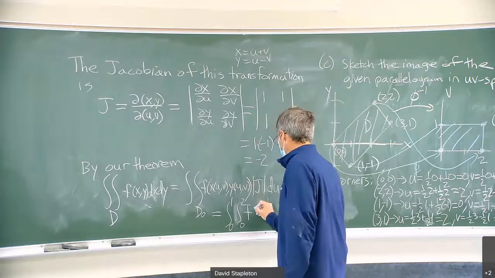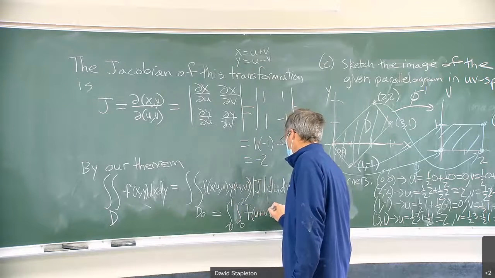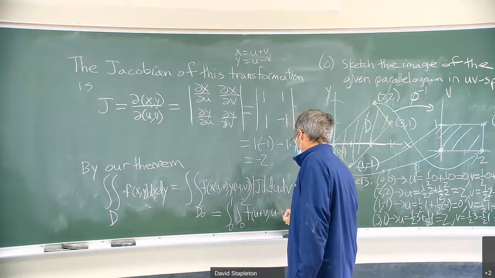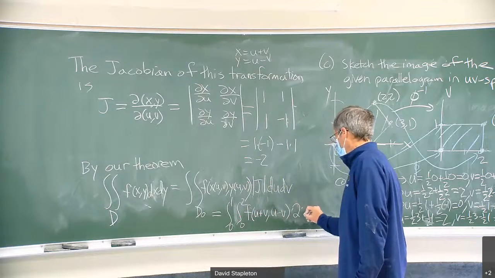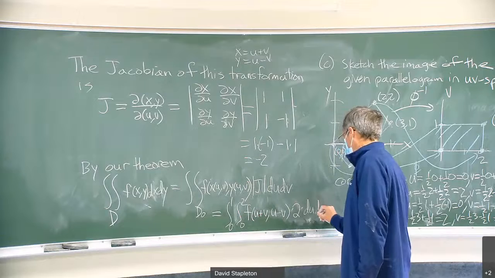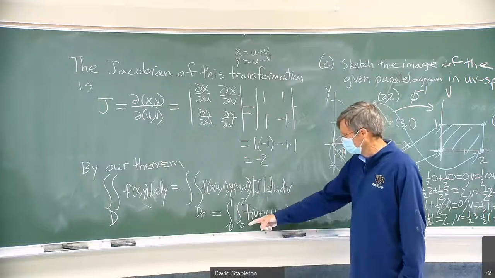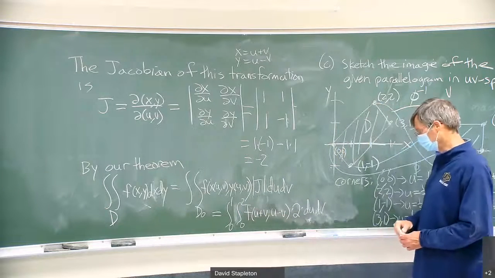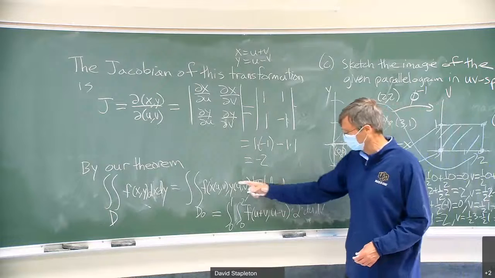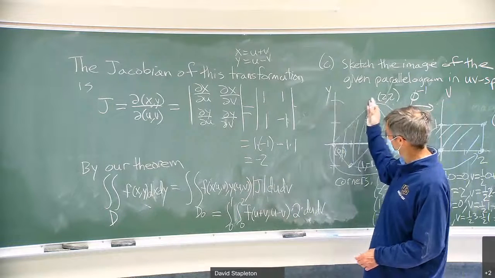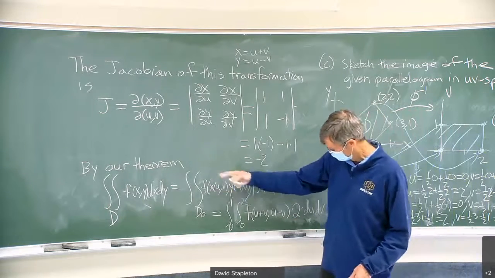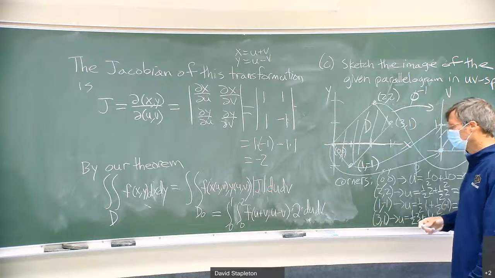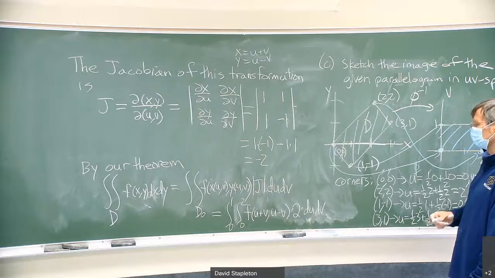X is written as U plus V, so it's f of U plus V, and y is u minus v. The Jacobian is 2 du dv. And now we can integrate over these nice constant endpoints in uv space instead of trying to break it up into 3 regions and have tilted lines aside so that the endpoints in here are not constants. It can make your integration much easier, right?